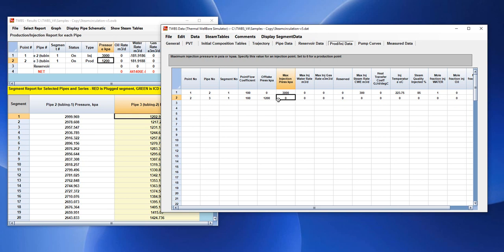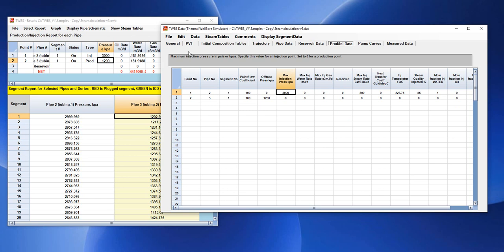So the only thing we can specify is the offtake pressure. Now the injection points specify a maximum injection rate of water, gas, or steam. So the program can meet one of two constraints: it can either meet the maximum injection rate constraint, or it can meet the maximum pressure constraint.